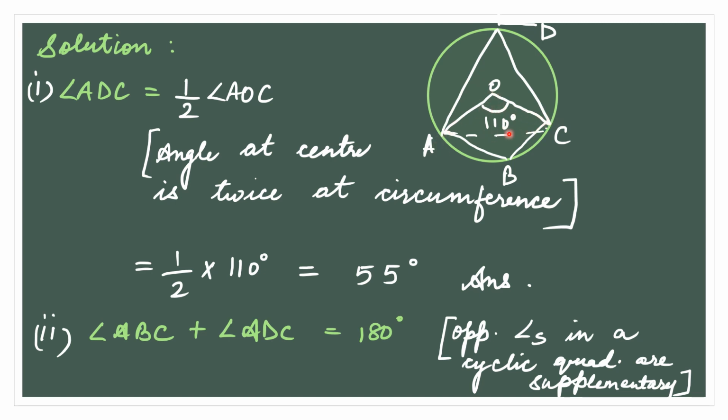They are all equal to 180 degree. 110 degree plus angle OAC plus OCA is equal to 180 degree, or 110 degree plus 2 times angle OAC is equal to 180 degree, and 180 degree minus 110 is 70 degree. Half of 70 degree will give you 35 degree.